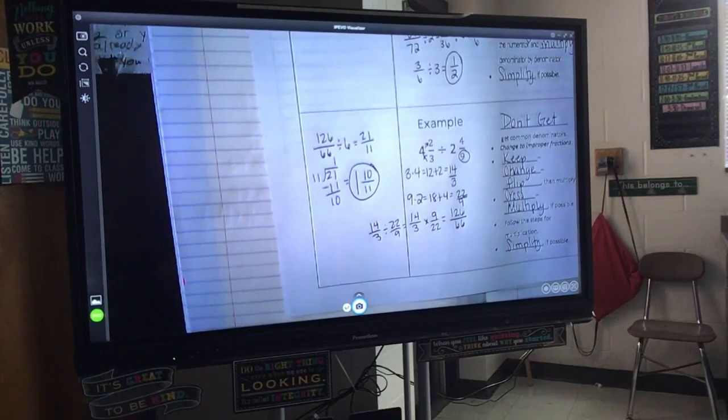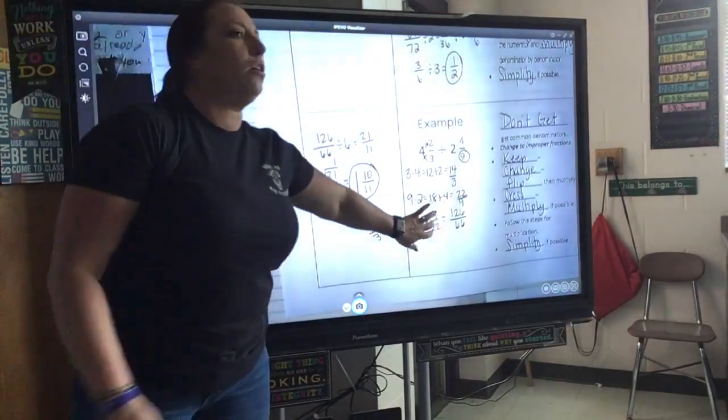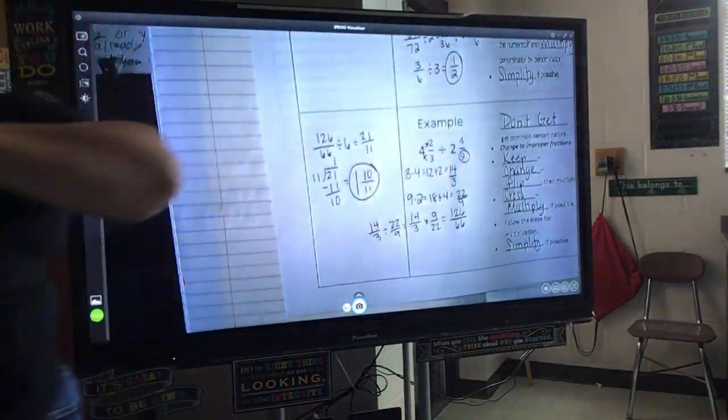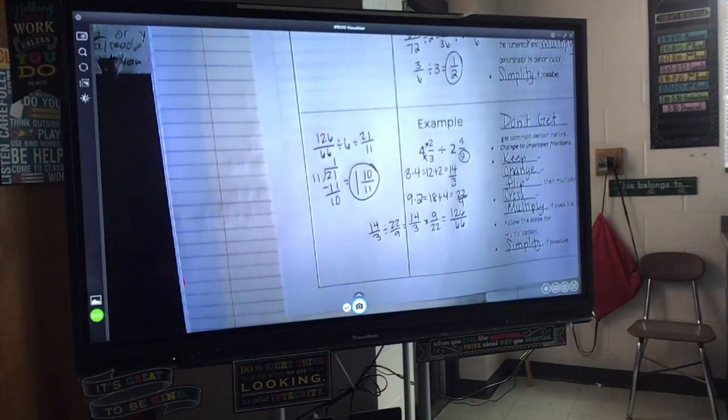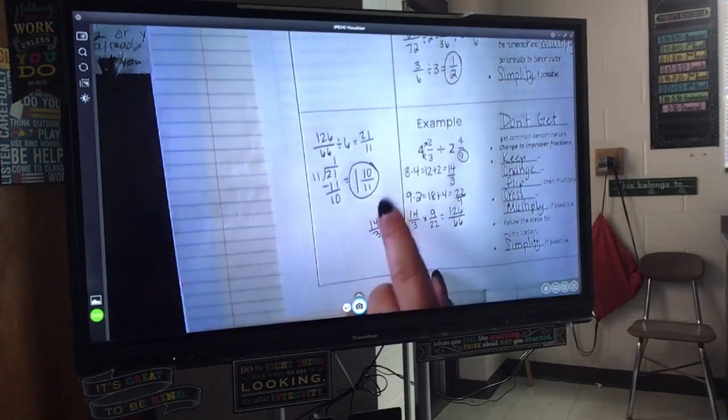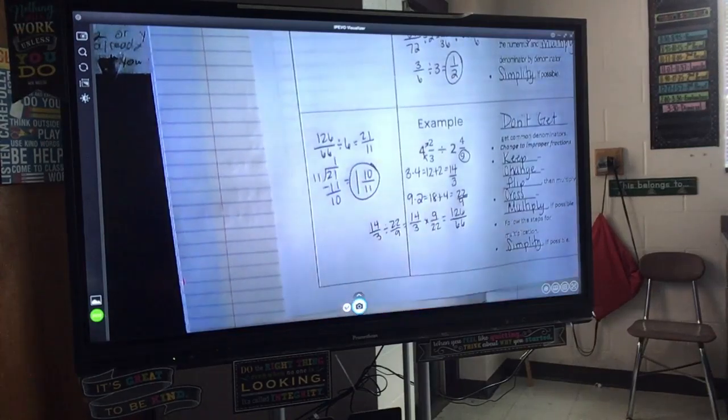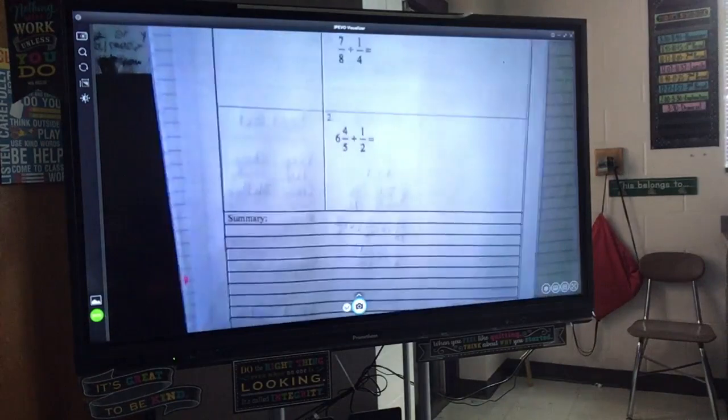Okay. Anybody else have a different way? How many of you would have started here and done your cross multiplication? Okay. All of those are okay, because as long as we all come up with that answer, we're good to go.